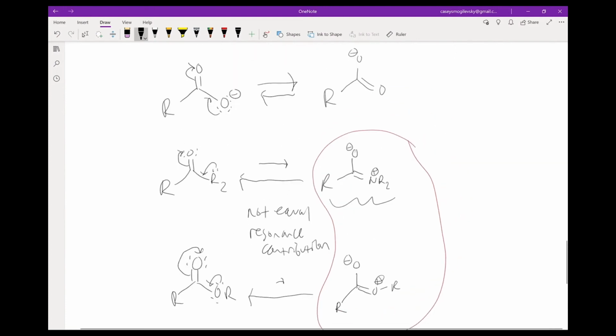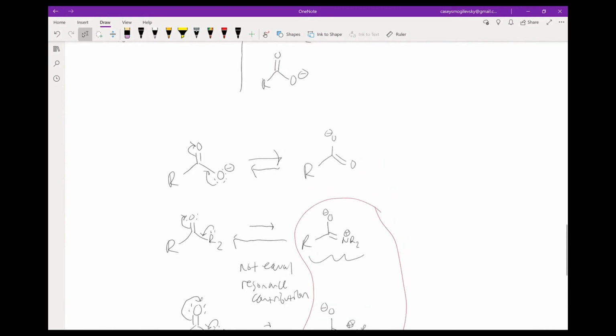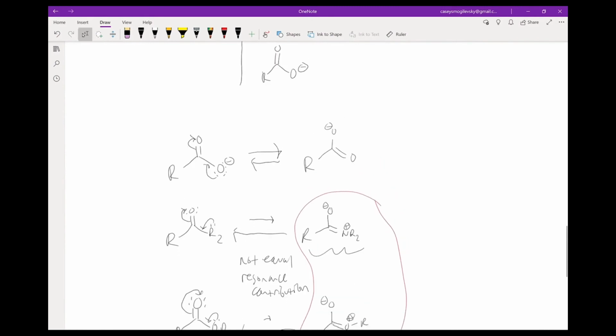So quickly looking at these three, what you might see is that if you have this sort of structure here, the electron density on this carbon is actually getting pulled two ways. It's getting pulled this way and it's getting pulled this way.